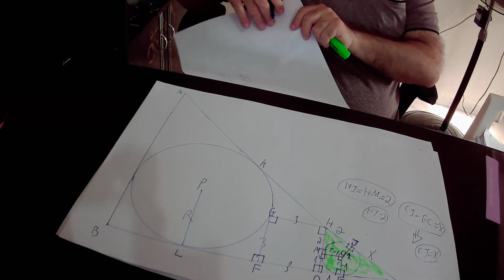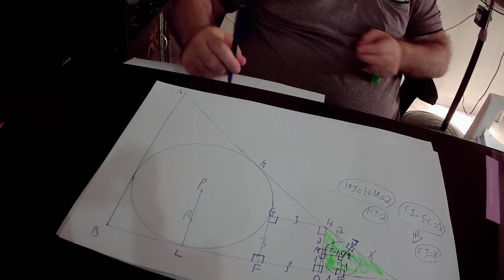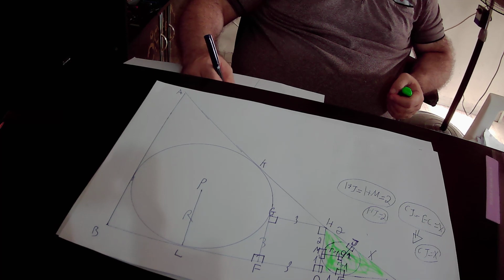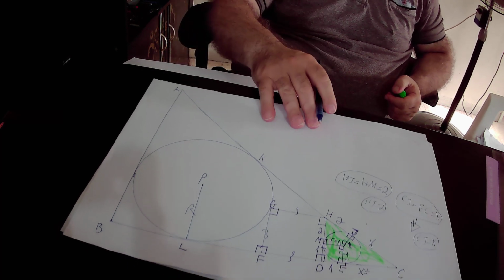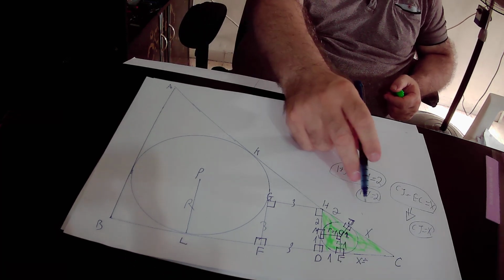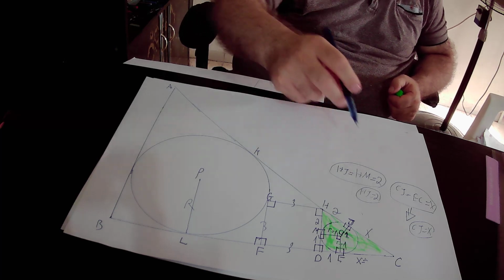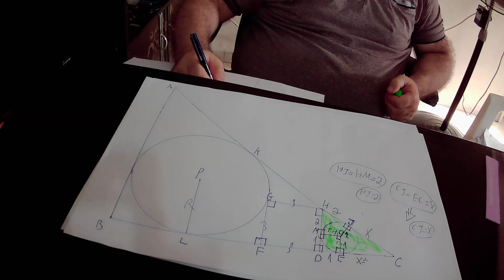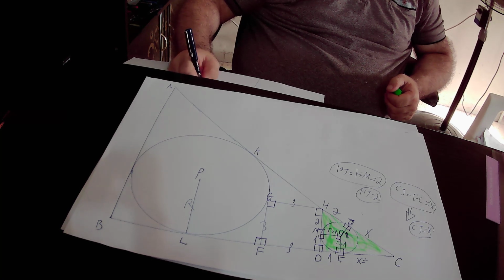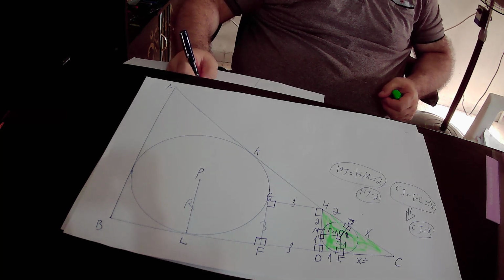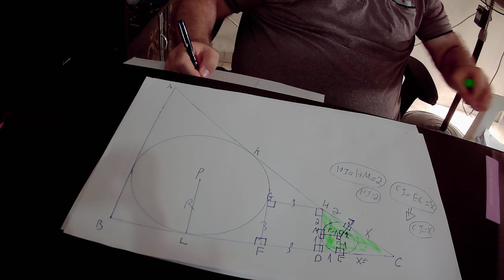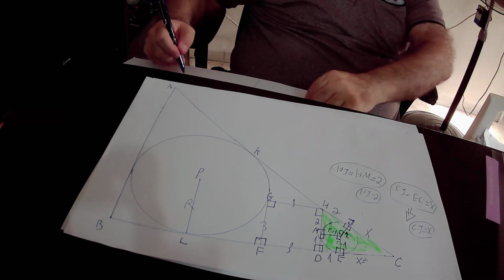So here, the hypotenuse HC is equal to 2 plus x, therefore HC squared will be equal to (2 plus x) squared. And it must be equal to HD squared plus DC squared.